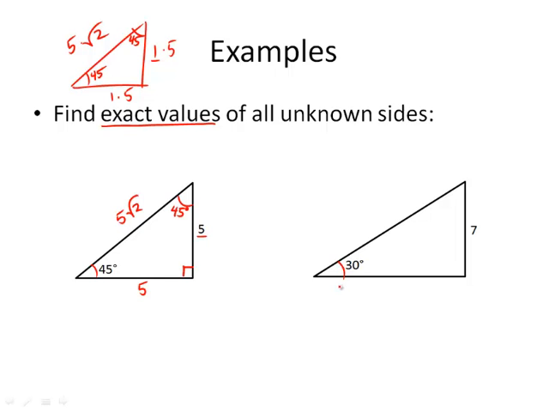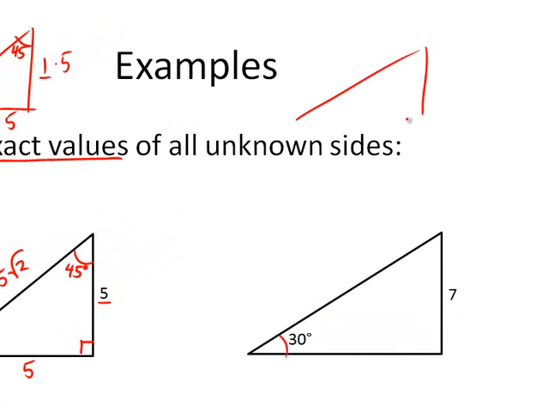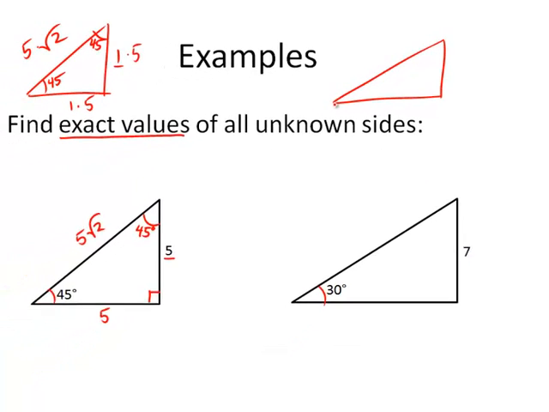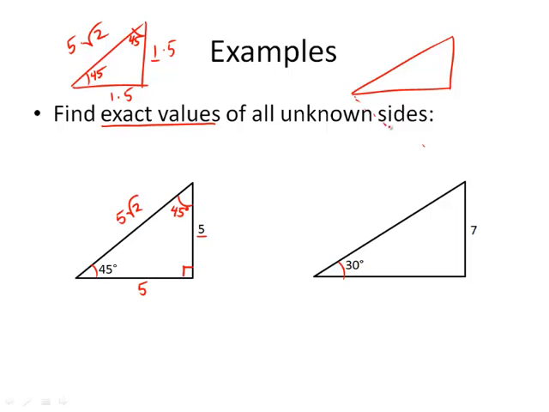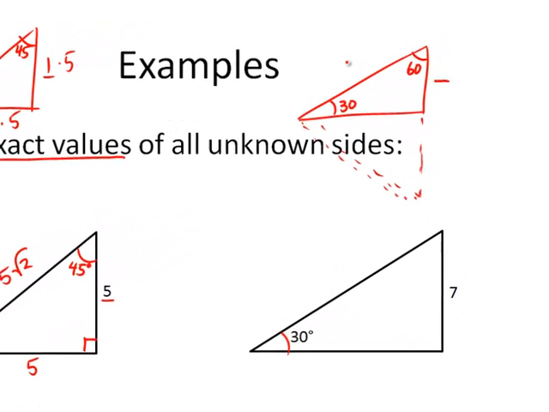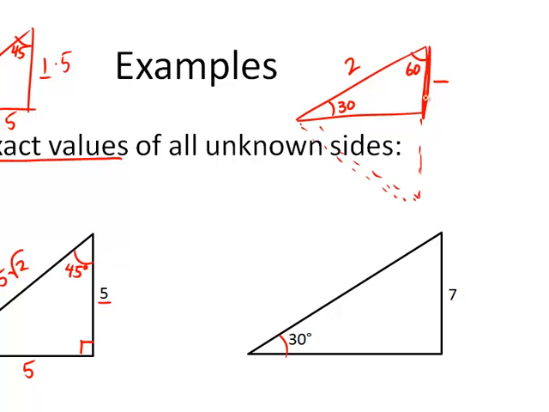Next triangle, we have a 30-degree triangle. It's nice to be able to know your special triangles well enough to rotate them around also. But if you imagine it as being half of an equilateral triangle, you can better remember them. So if this part was 30, that was the half part, and this was 60. So remember, this was like a 1:2 ratio because this was half of the side of the triangle.